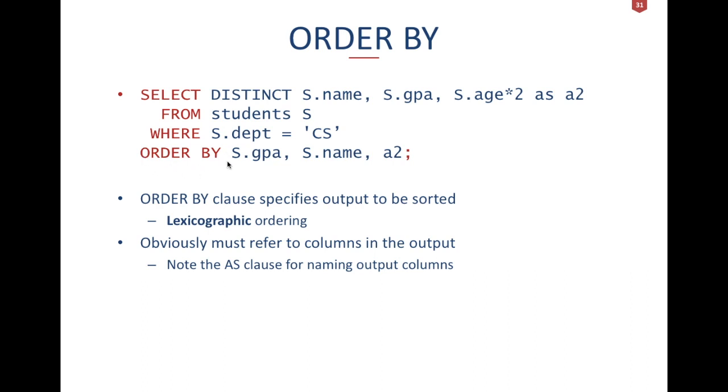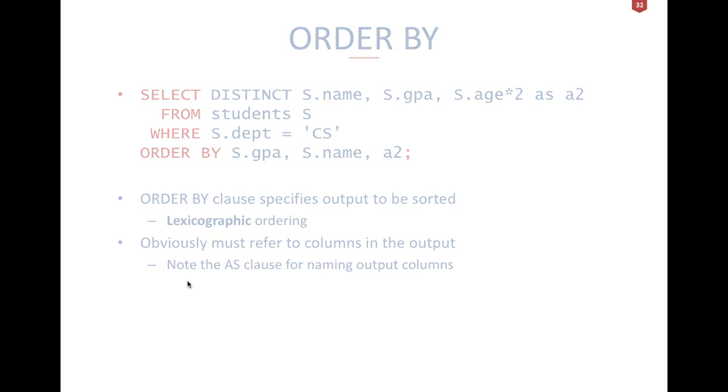This order by allows you to order the output lexicographically according to the first column s.gpa. If you had two values that are the same, then it will check s.name. If s.gpa and s.name are the same, then it would look at A2. Okay, that's the order by clause.